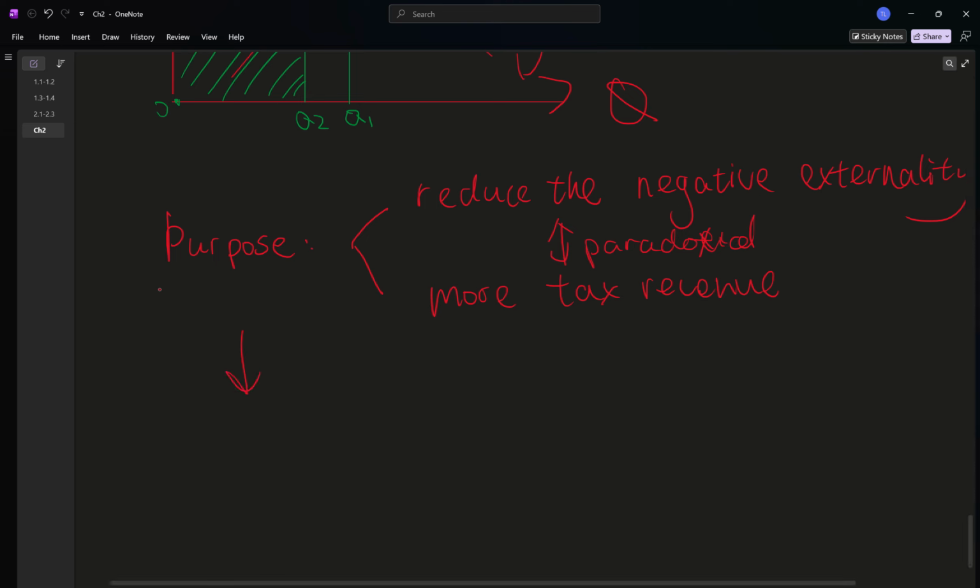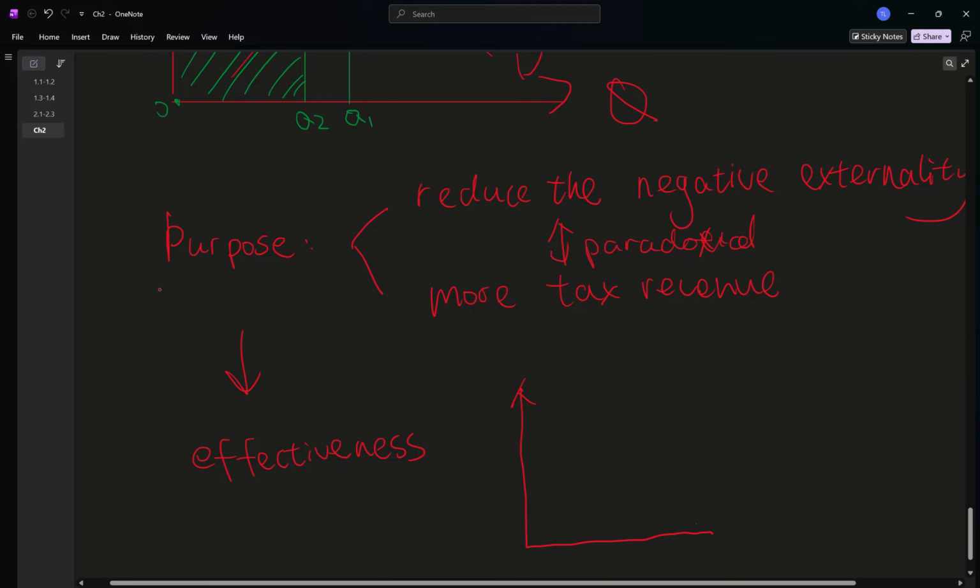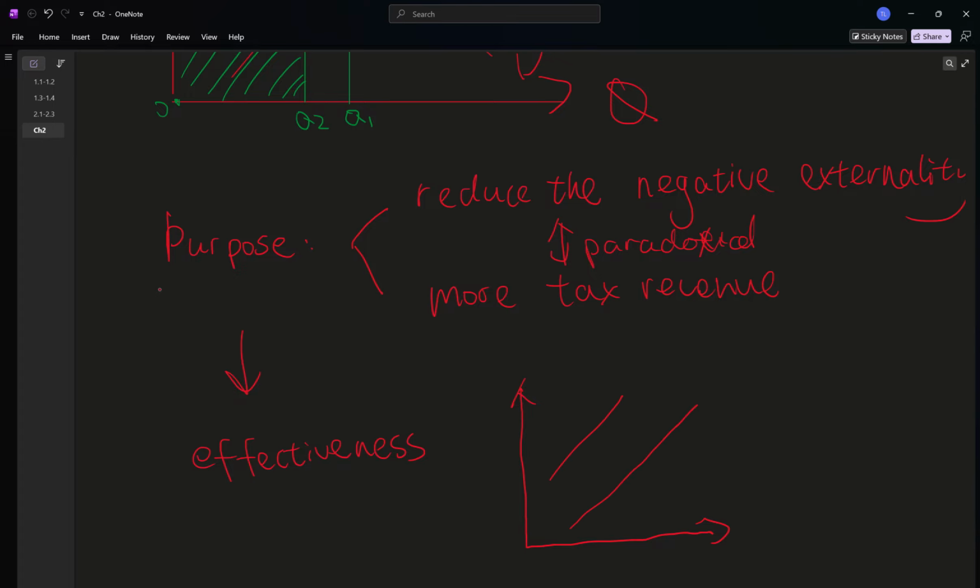And we can think about the effectiveness of different indirect taxes. Suppose we have the same supply curve. They shift to the left with this much of tax. Let's choose a random but flat demand. By definition, we know that.